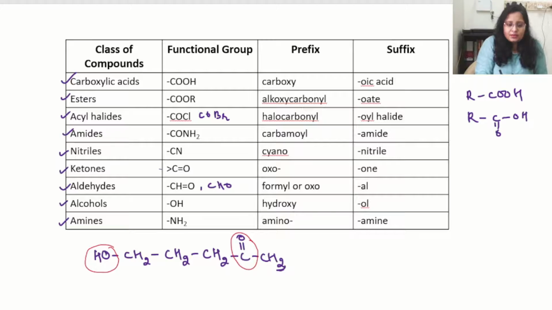So let's write the name. First we do numbering 1, 2, 3, 4 and 5.